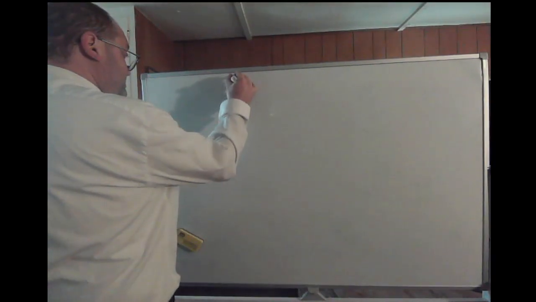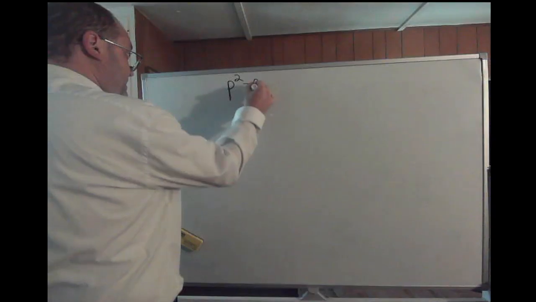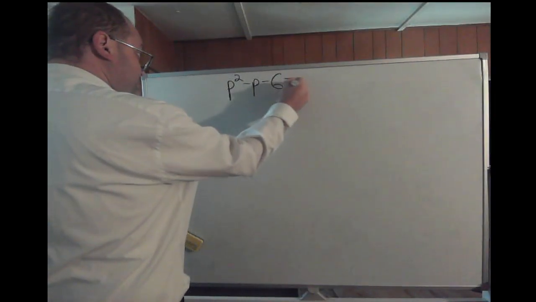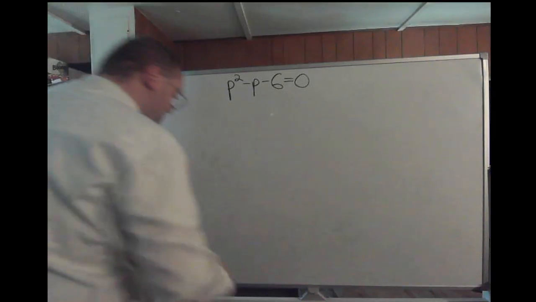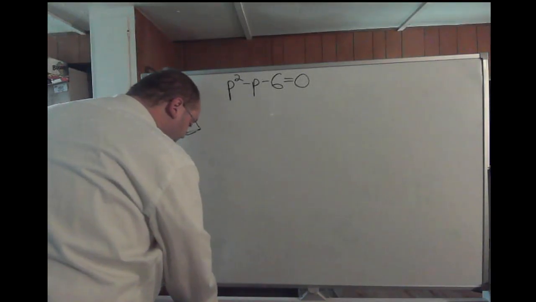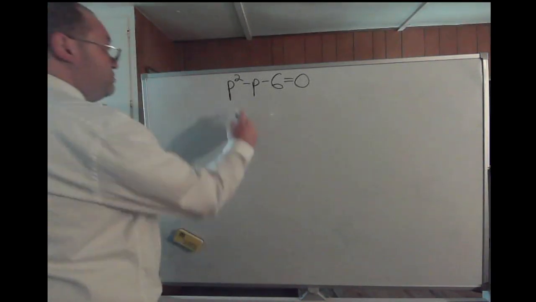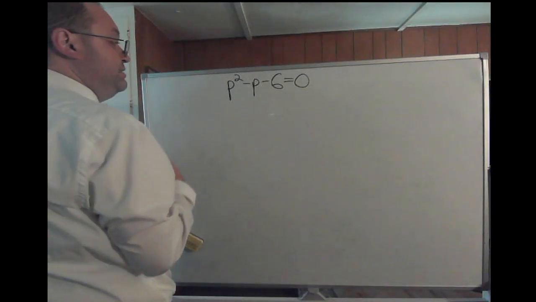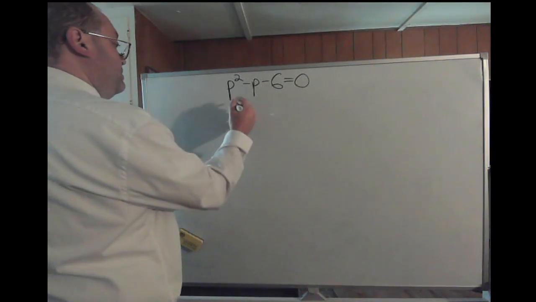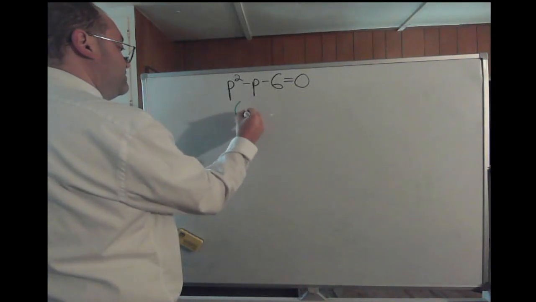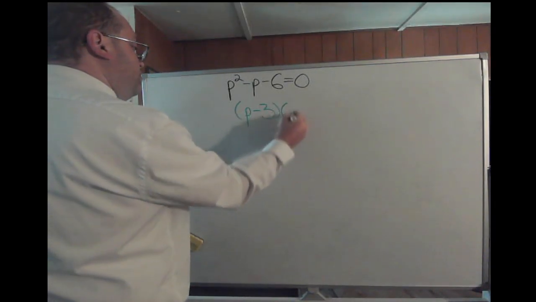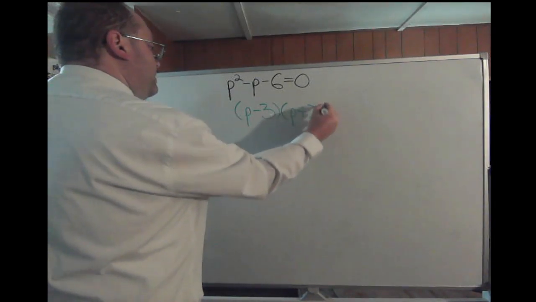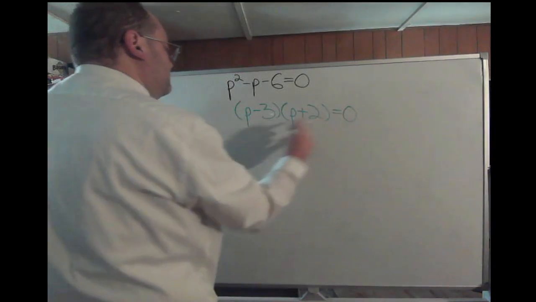Alright, we got p squared minus p minus 6, that's equal to 0. Well, we need to factor this here. Factorization is going to be p minus 3 times the quantity of p plus 2. Set that equal to 0.